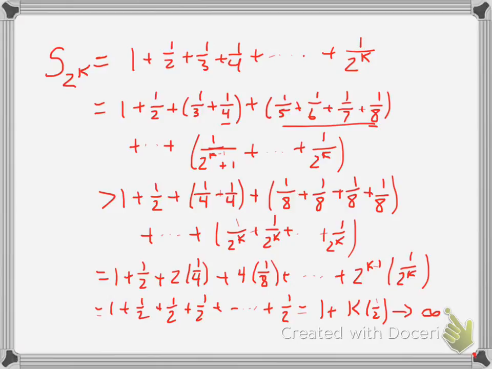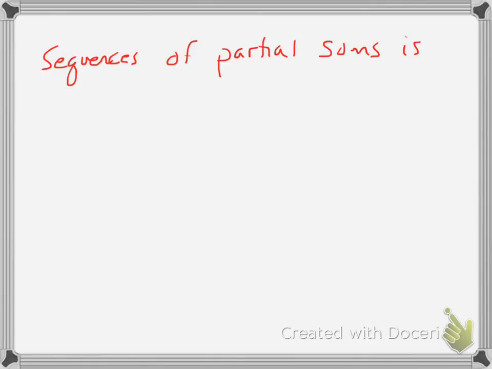So what does that mean? It means that my sequence of partial sums is unbounded. Why is that bad?